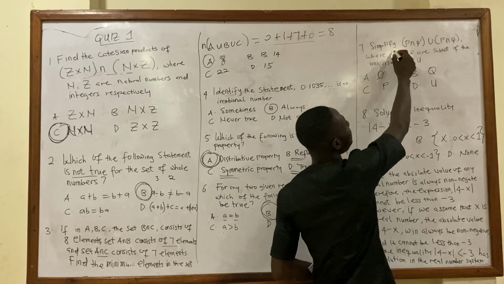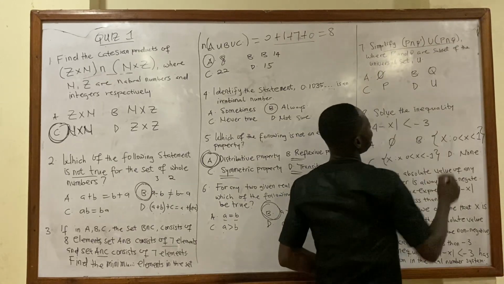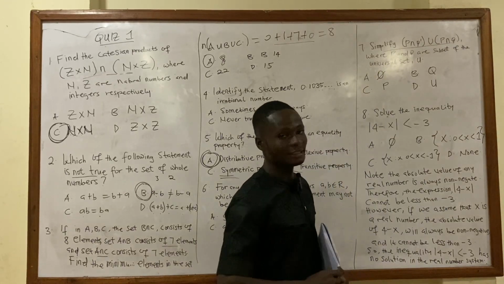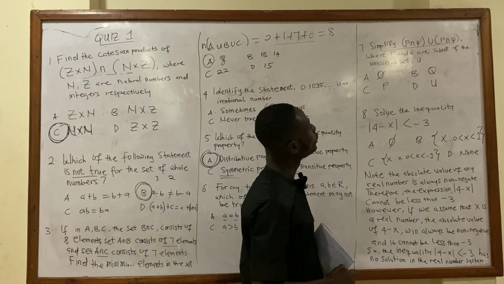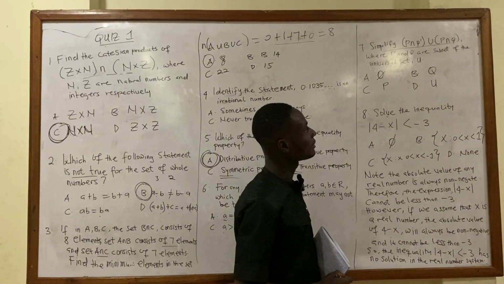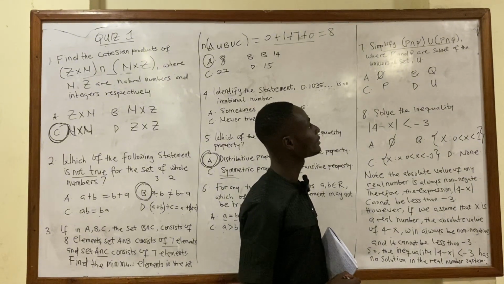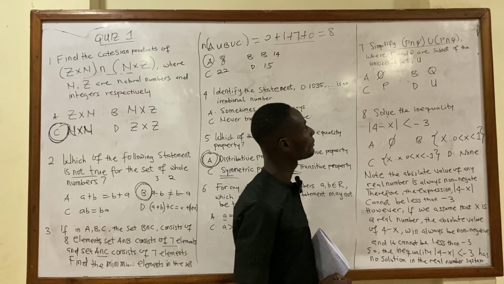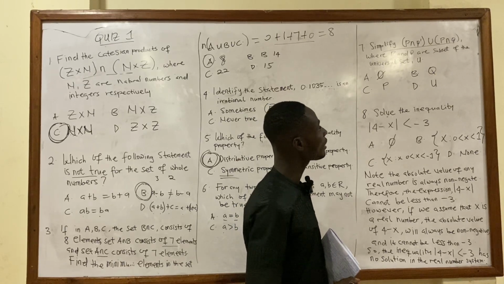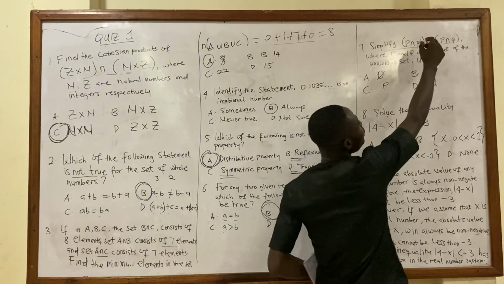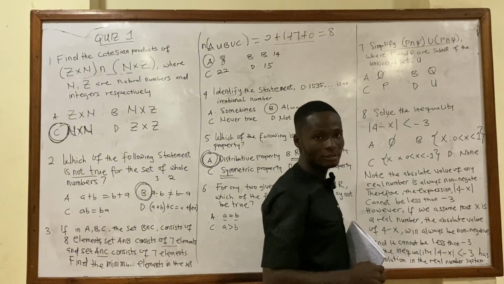It said we should simplify this expression P intersection Q prime union P intersection Q. And you know that union is what? Addition.